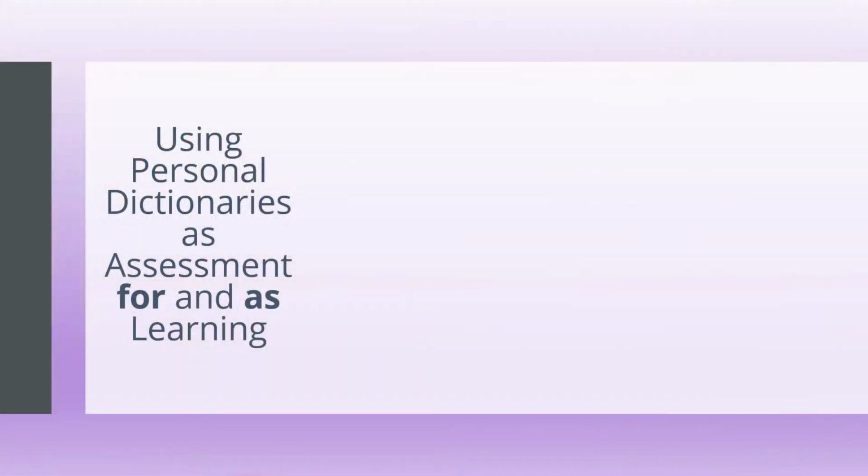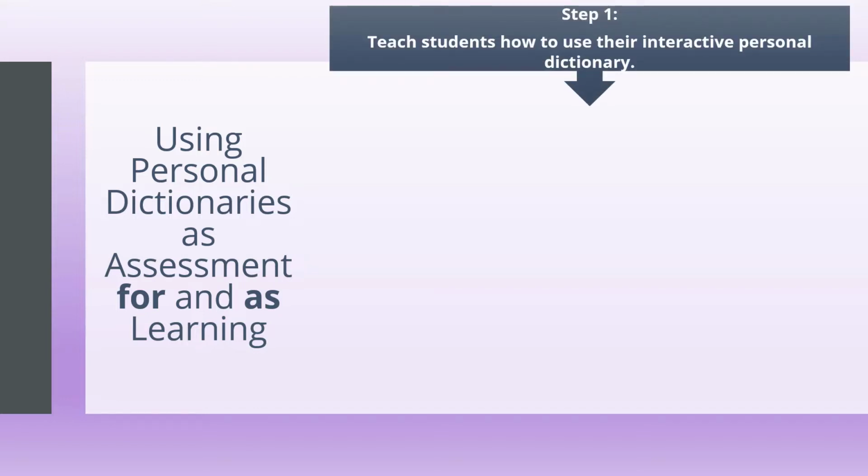Let's recap. To use personal dictionaries as assessment for and as learning as we support vocabulary acquisition, once we have our template ready to go, we will start by teaching students how to use their interactive personal dictionary.